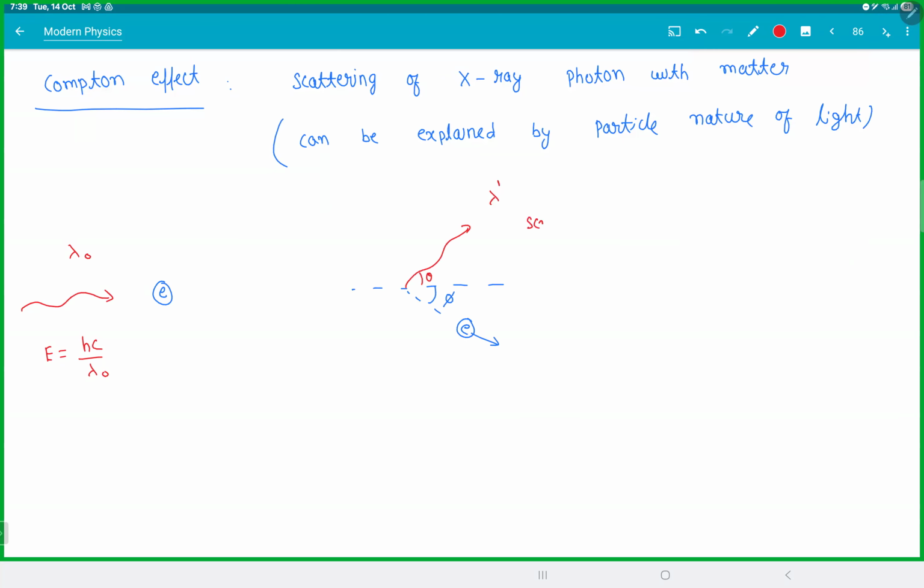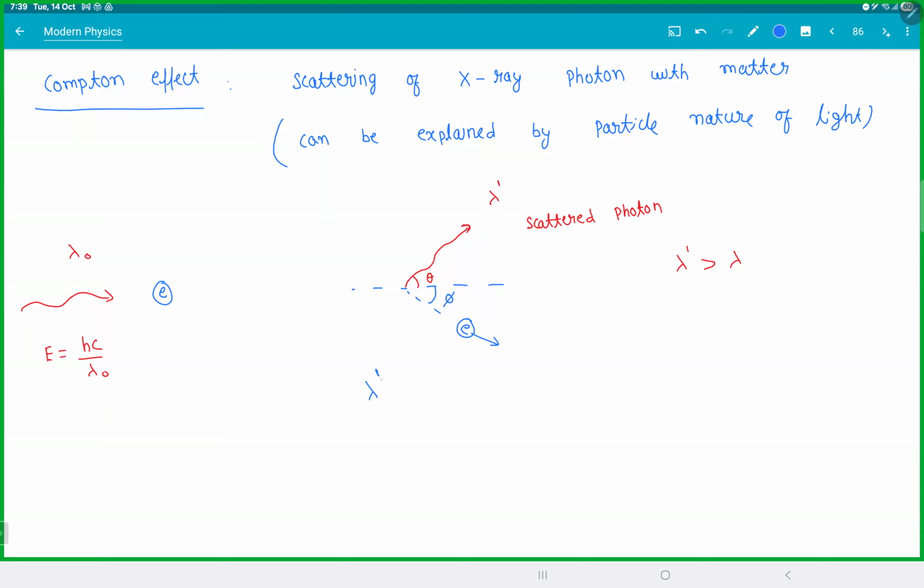This is the scattered photon. So the photon actually loses some part of its energy. Remember, here nothing is getting absorbed. If you remember, we made a statement that a photon has to be completely absorbed or not absorbed at all. This doesn't belong to that category. It is not getting absorbed or anything. It just gets scattered. And here the wavelength lambda dash will be greater than lambda because you lose energy.